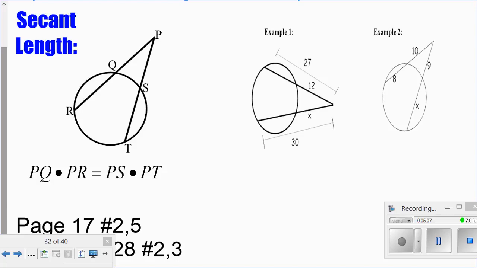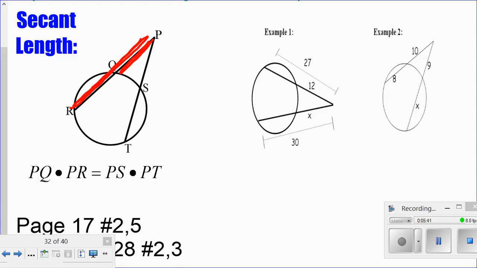This is similar to the chord length. However, with the chord length, remember we looked at piece times piece was equal to the other piece times piece. Here, PQ is the external piece, but it's times not the internal piece, it's times the whole entire length of the secant.